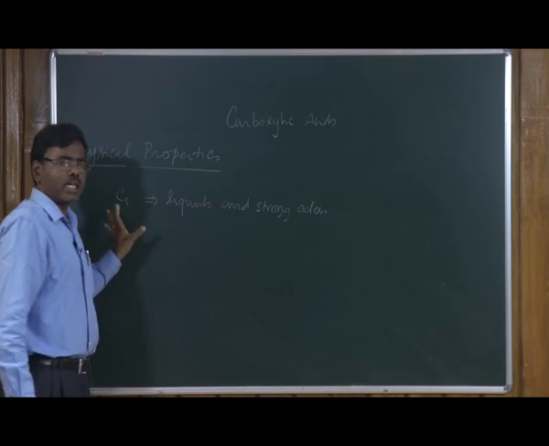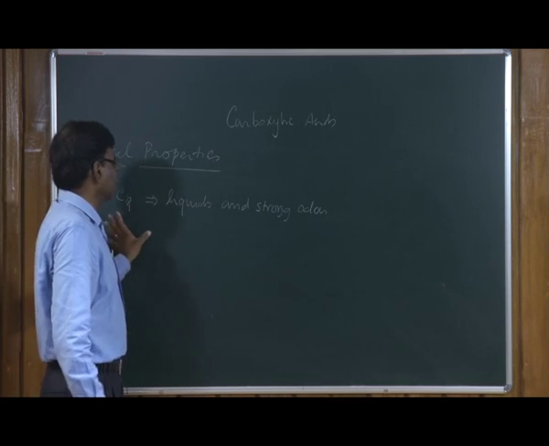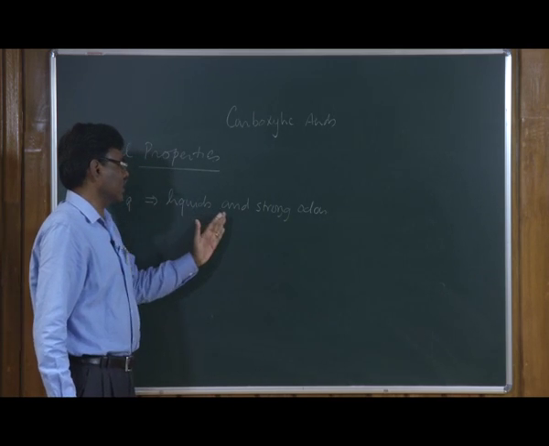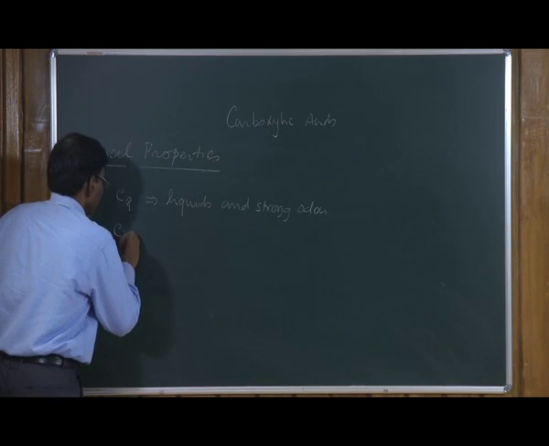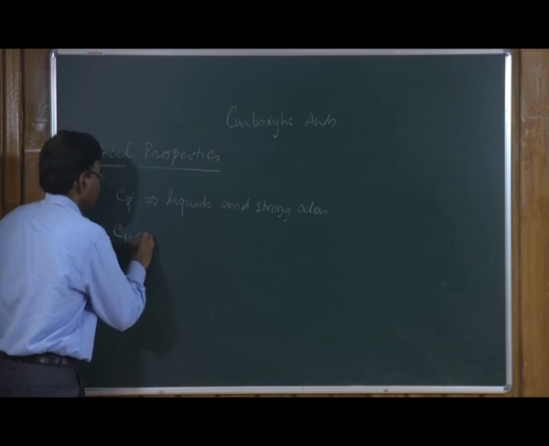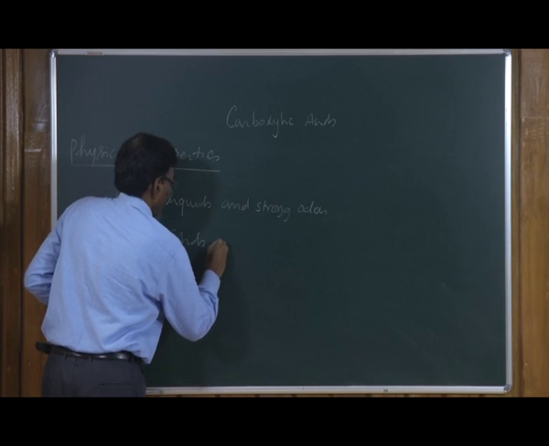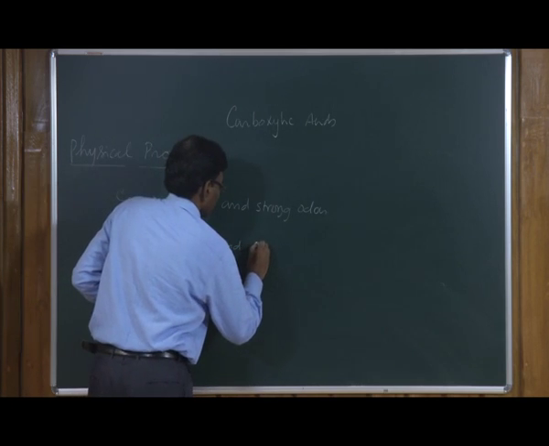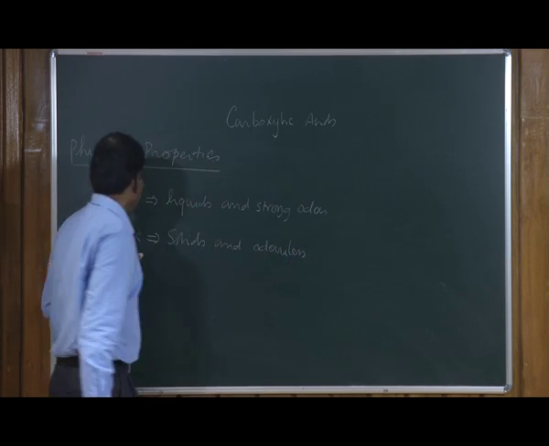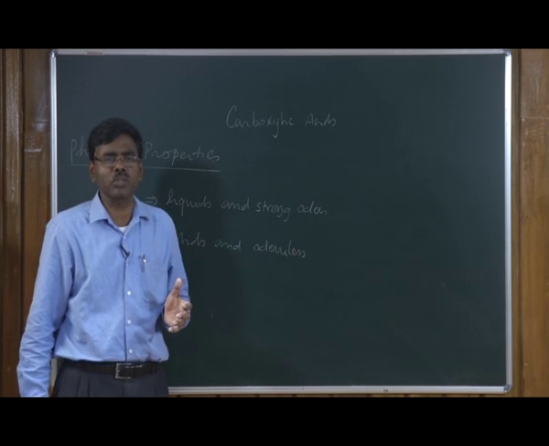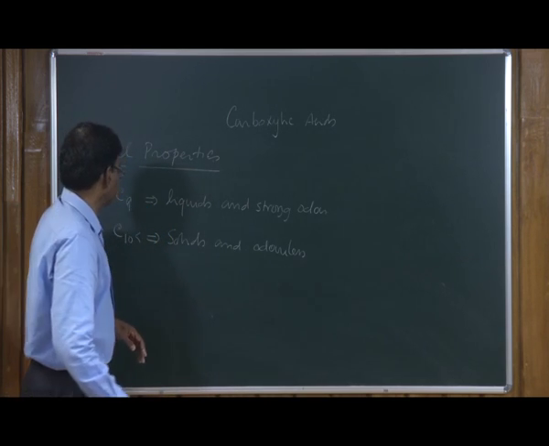So, aliphatic carboxylic acids that contain up to C9 carbon atoms are liquids at room temperature, and they exhibit strong odor. Carboxylic acids that contain more than 10 carbon atoms are generally wax-like solids at room temperature, and they are generally odorless.